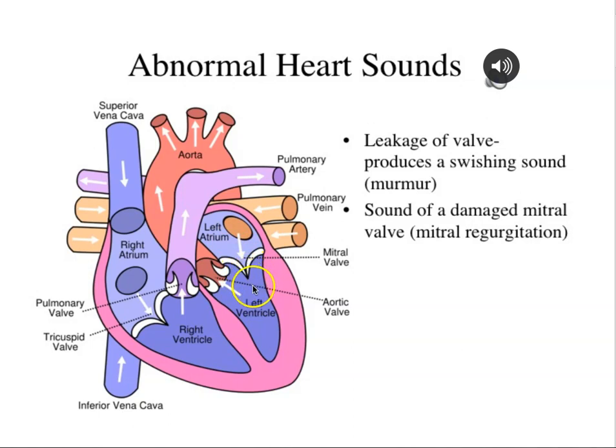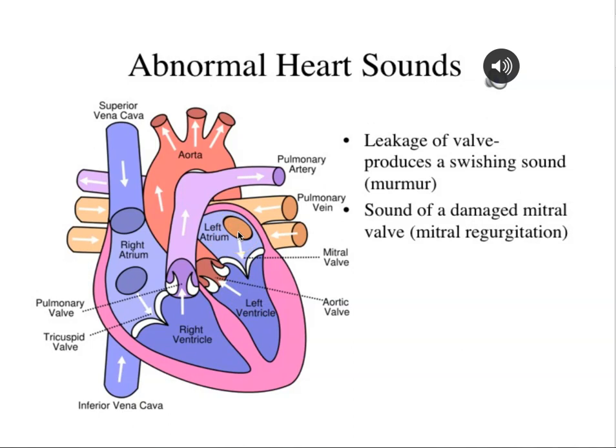So with some valves, if they're damaged, this mitral valve is going to start leaking. You can have actual backflow into the atrium. So instead of all the blood leaving the left ventricle and going into the aorta, some of that blood goes through the mitral valve and into the atrium, and you're going to hear the swishing sound of it.